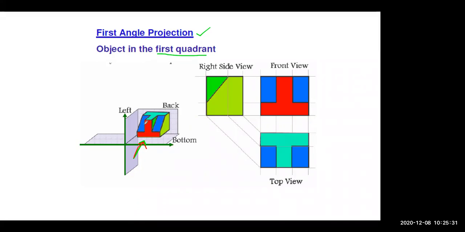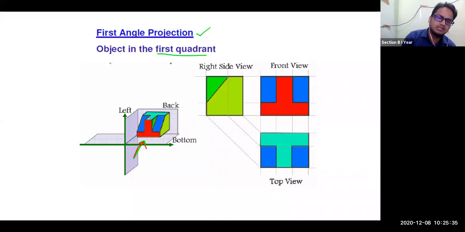So here you can see this inverted T is there. You will be able to see this red face, as well as you will be able to see this blue face also. But there is one difference between those two faces. Can you tell me what is that difference?